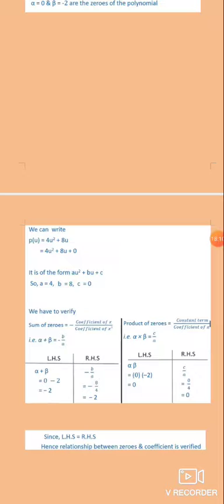So minus 8 by 4 is minus 2. Now the next, alpha into beta is 0 into minus 2, which is 0, which is equal to 0 by 4, the constant term by the coefficient. Okay, so LHS is equal to RHS. Clear, students? Okay, thank you.